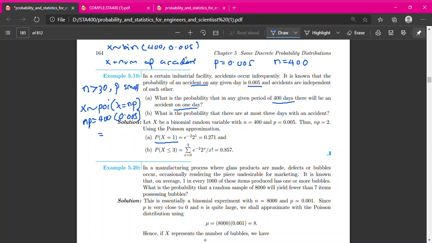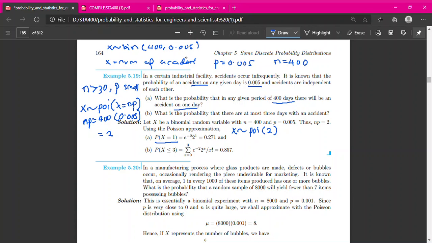Okay, the answer is 2. So now our variable adalah Poisson 2. So we will use this distribution to find the probability of x equal to 1.